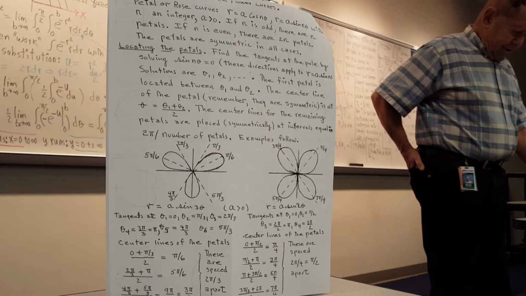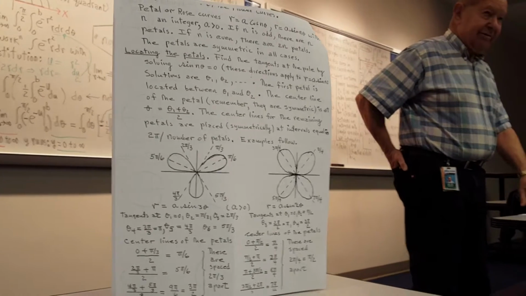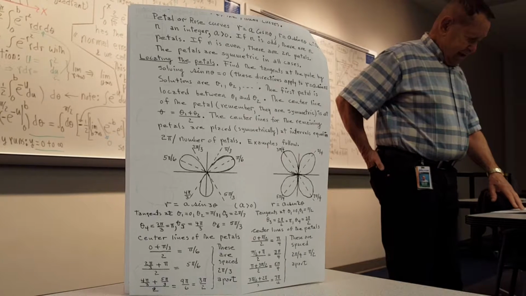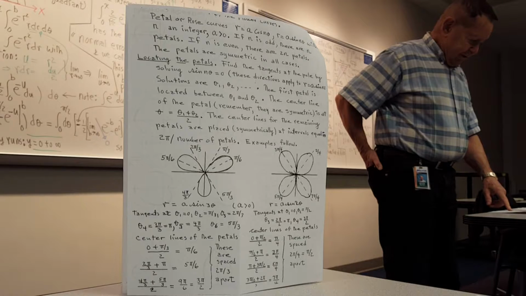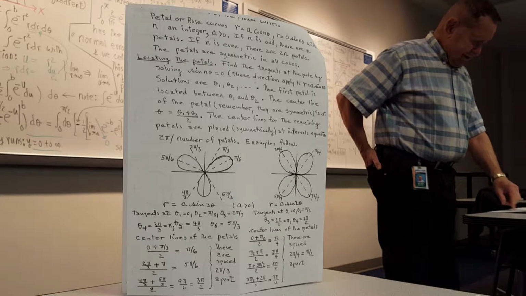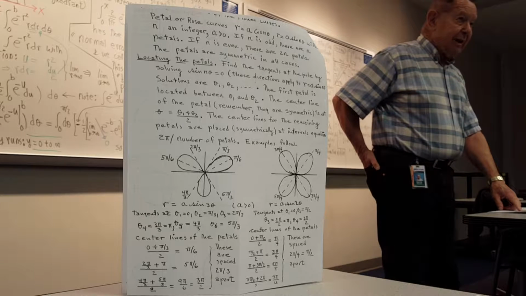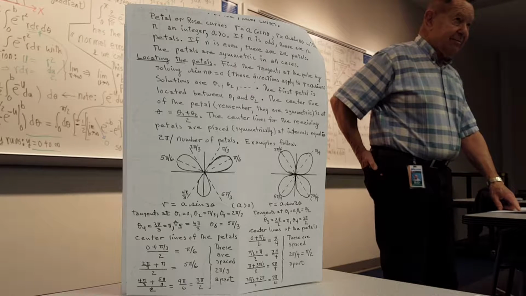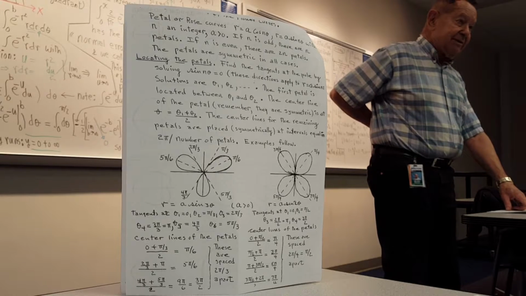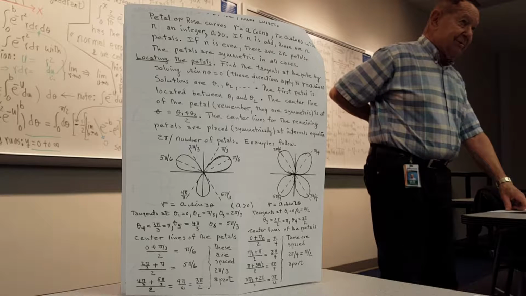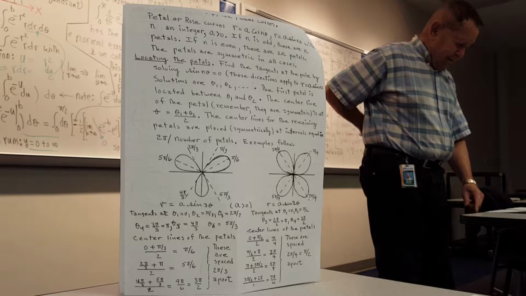And as I show you there with my handwriting, if you set sine 3 theta equal to 0 and start looking for solutions, the first one you'd have is pi over 3, because 3 times pi over 3 is pi, and sine of pi is 0. And then you'd have one at 2 pi over 3, because 3 times that is 2 pi, and sine of 2 pi is 0, and so on.